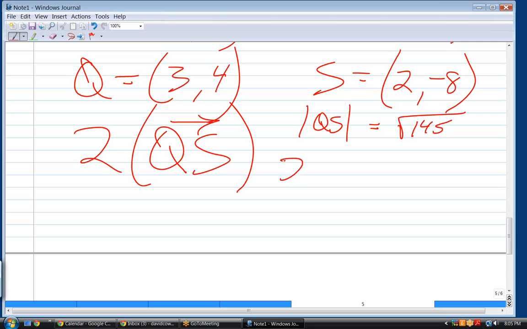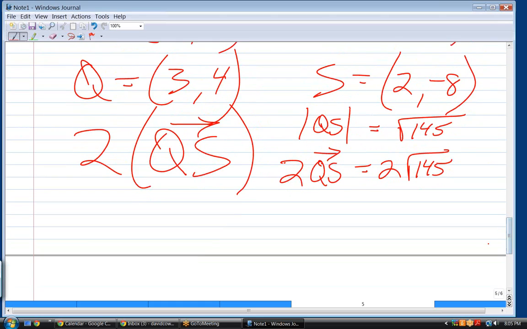So 2QS is 2 root 145. Is that all they wanted, was just the magnitude? The component as well. Okay.